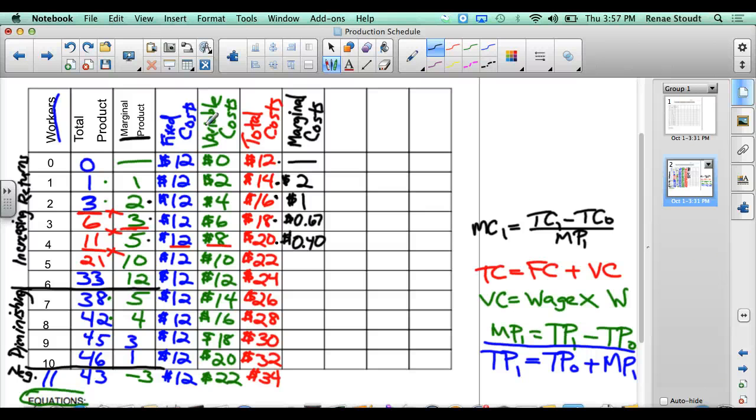For 5 workers, we're subtracting 22 minus 20 to get 2, and we're dividing by 10. So 2 divided by 10 will give you 20 cents. And then for 6 workers, we're subtracting 24 minus 22, which is 2, and we're dividing by 12. So 2 divided by 12 is, what are we at? 1/6.